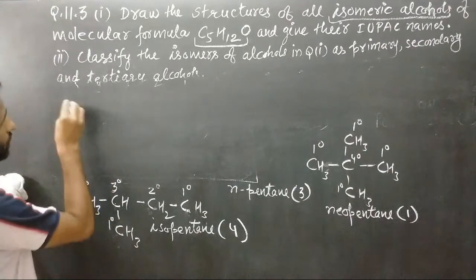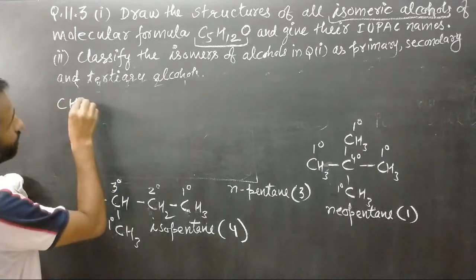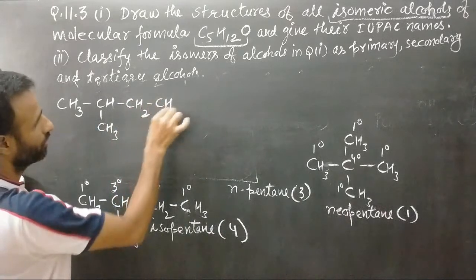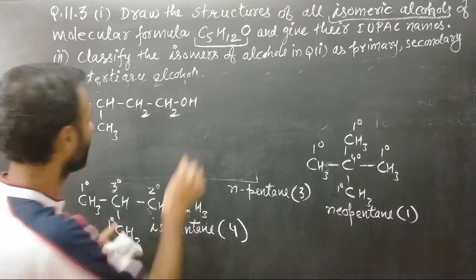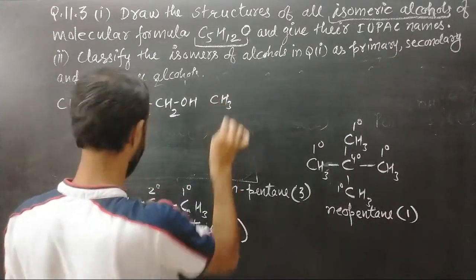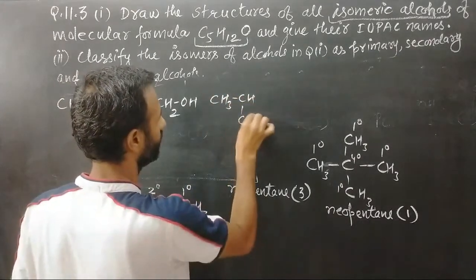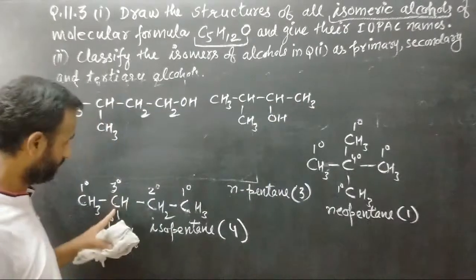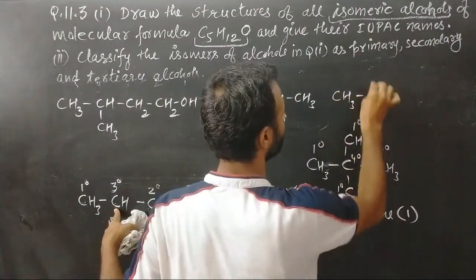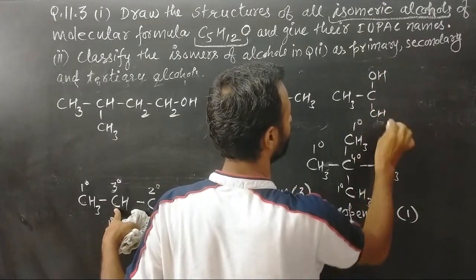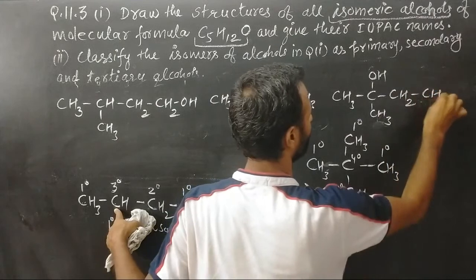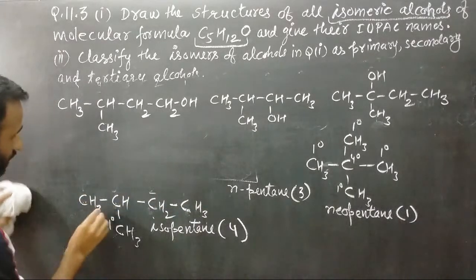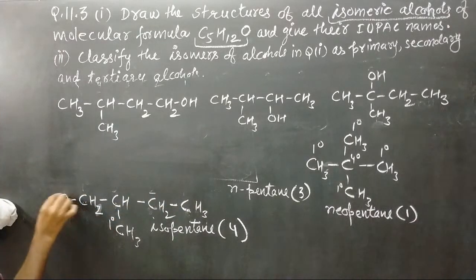Okay, so let us draw structures. CH3, CH, CH3, CH2, CH2OH, then CH3, CH, CH3, CH, OH, CH3, then CH3, COH, CH3, CH2, CH3, and the last one, let us draw from this only, OH.